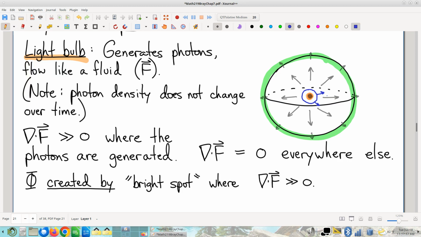I mean, you think about it, we have a light bulb right there. That light bulb is shooting out a lot of photons. All of the photons that are being created by this light bulb, they're all coming out of that same LED. So all of the photons, all 100 watts or whatever it is, all 1,200 lumens of photons, they're all flowing through that blue sphere. A lot of flux.